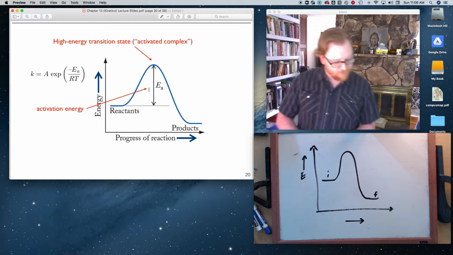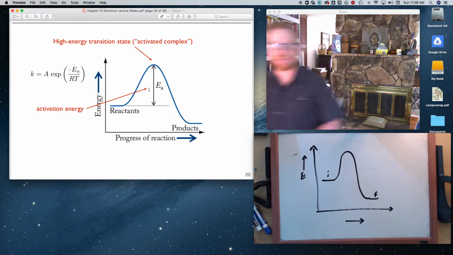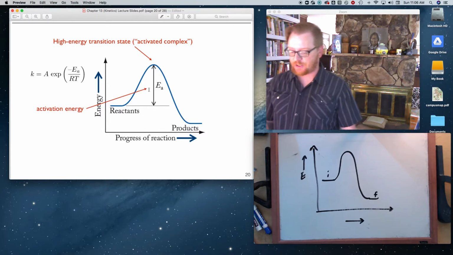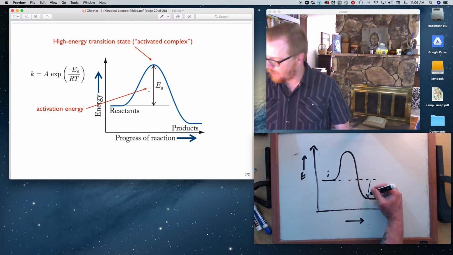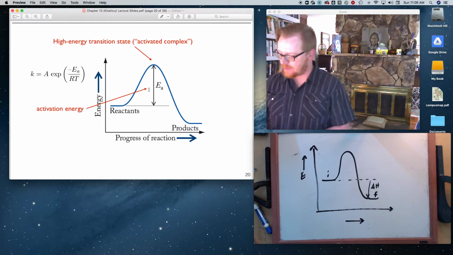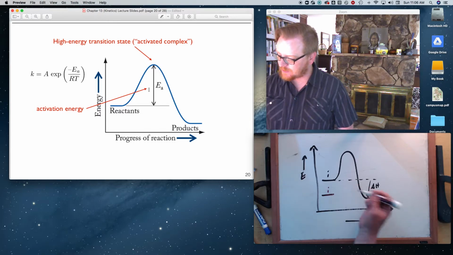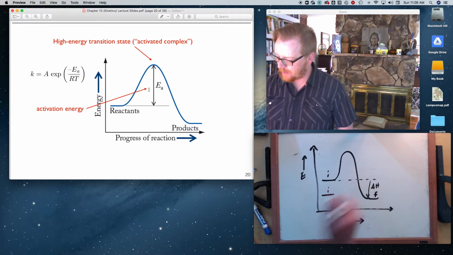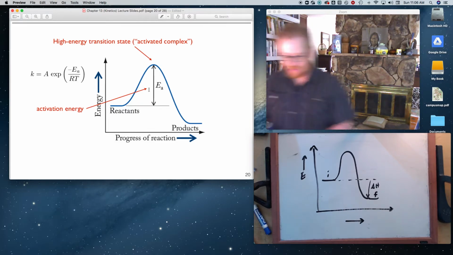Okay. So now, this, as we can see, is an exothermic reaction, right? Because we've got delta H going down right here. Okay. So what if I had something that looked like this? What if I was starting here? So this is like some different reaction, right? Actually, I'll do this on another slide. Let's keep going with this exothermic reaction.